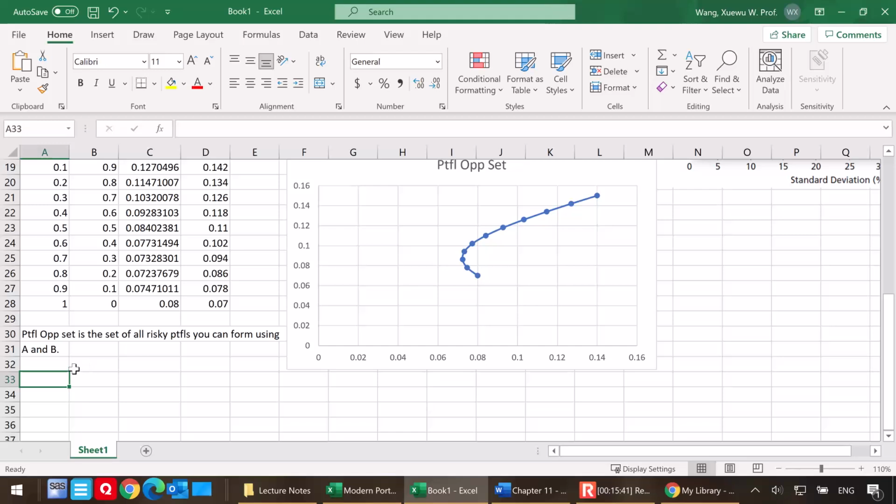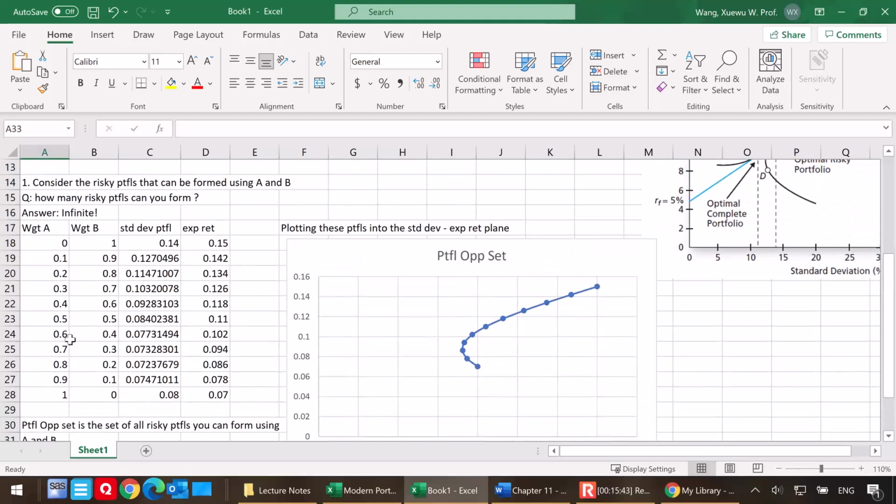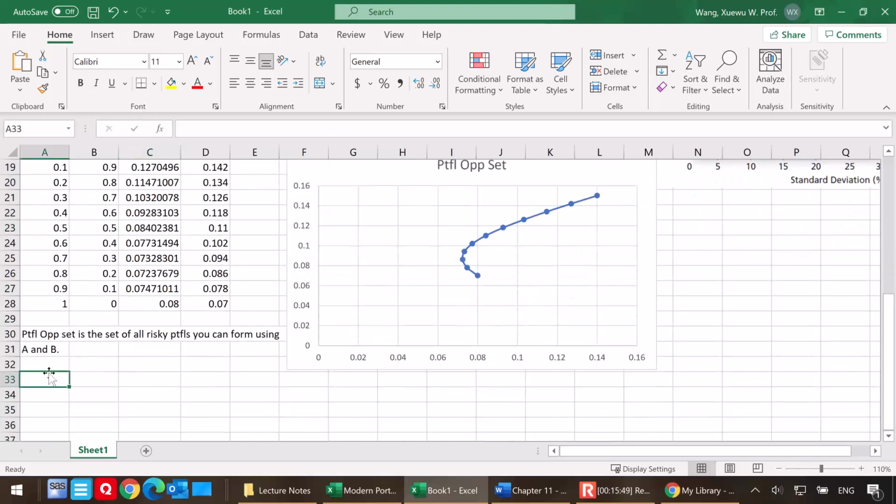So that is the first step, the risky portfolio opportunity set. So the question is, should we focus on all the risky portfolios? If you're a hedge fund manager with 2 assets, you can form so many portfolios.